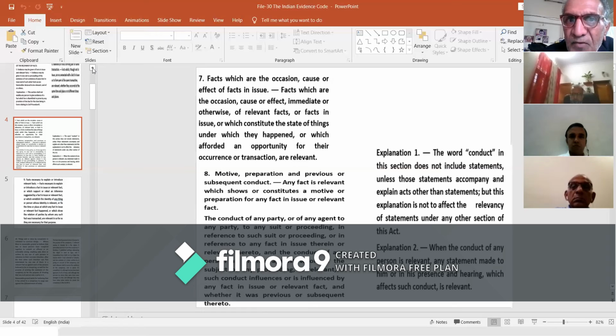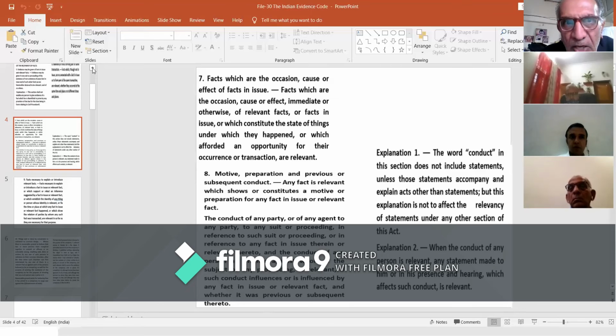Let me read again. Facts which are the occasion, cause, or effect, immediate or otherwise, of relevant facts or facts in issue. So there are two branches, number one facts in issue, number two the relevant facts. Now facts in issue will come from the ingredients of the offenses, and the relevant facts will come from the permissibility in Chapter 2 from Section 6 onwards.